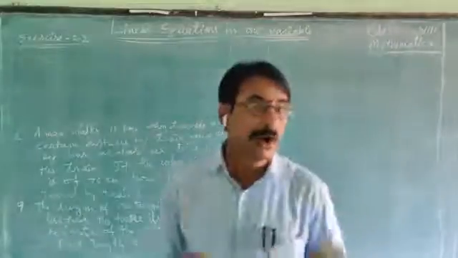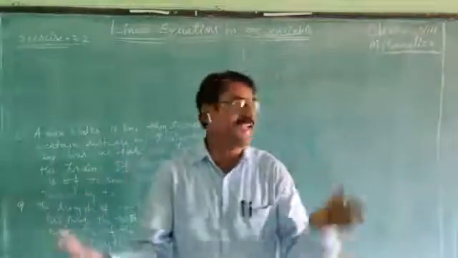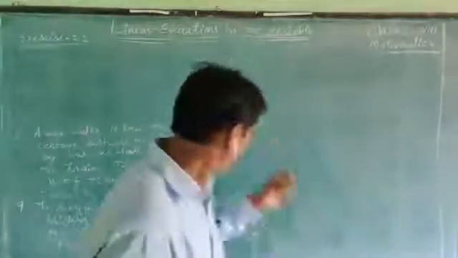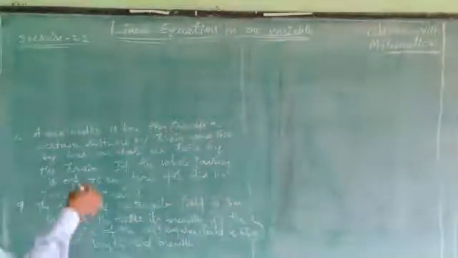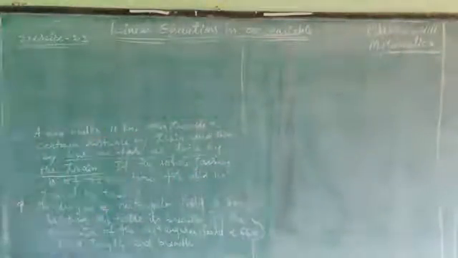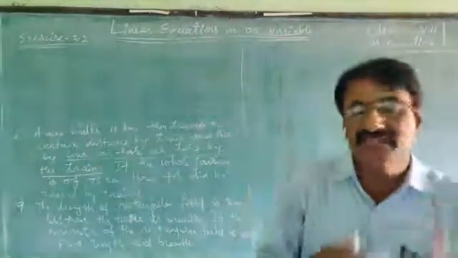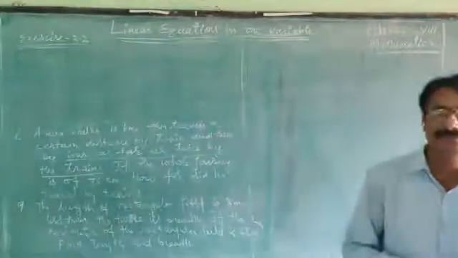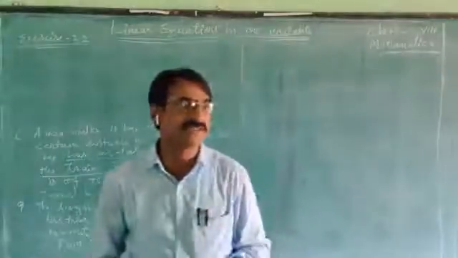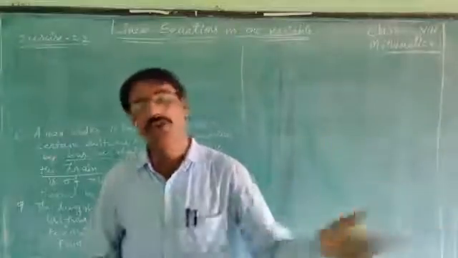But we don't know how much distance was traveled by train and by bus. But a small relation is given here. What is the relation? By bus as far as twice by the train. The distance traveled by bus is twice the distance traveled by the train. For example, if he traveled by train 10 kilometers, then he traveled by bus twice of 10, 20 kilometers.